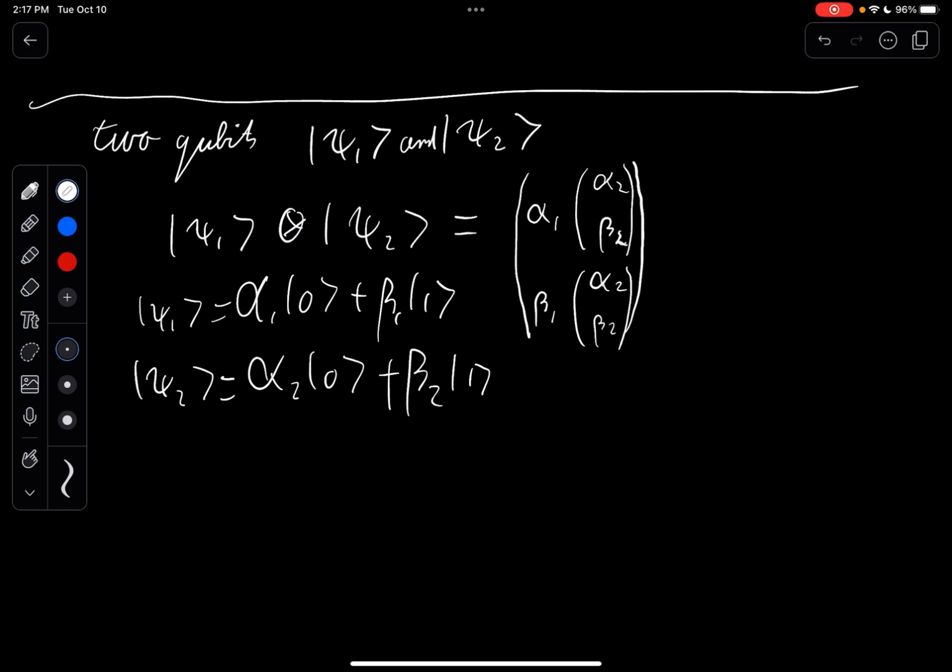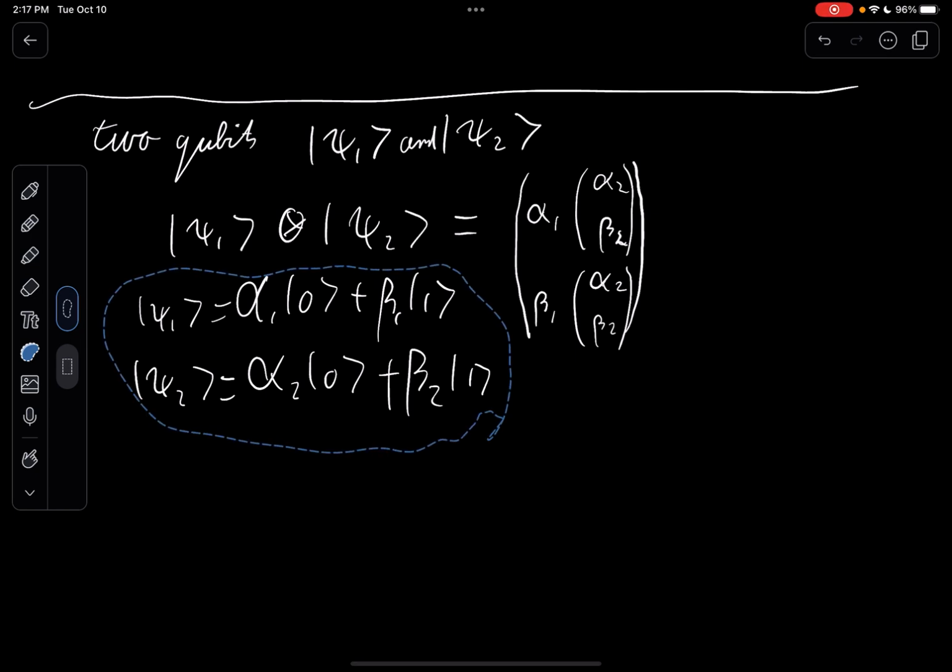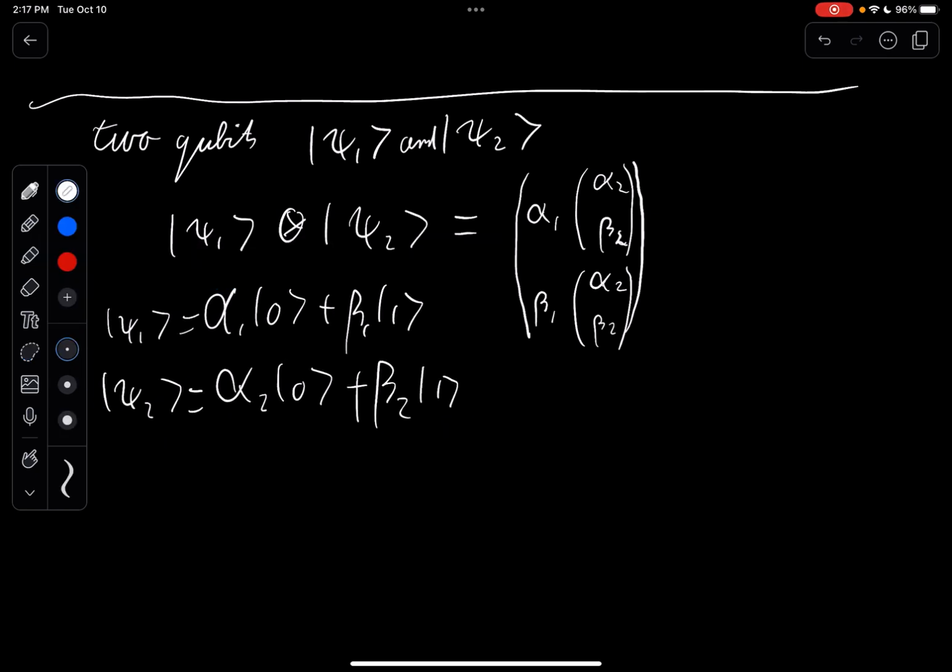Okay, why is the tensor product of this form? Turns out there's a good reason for this, but it's a bit hard to explain now in an introductory course. And so let's expand this. We get here alpha 1 times alpha 2. That's really just this part here.